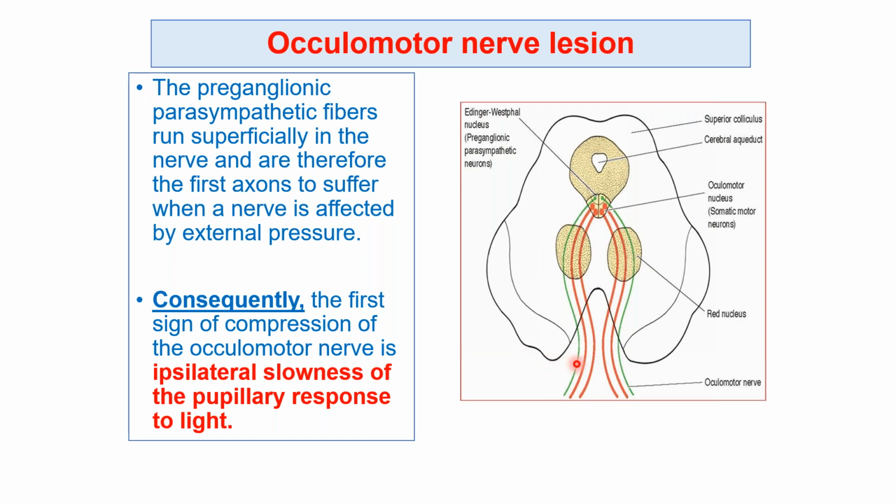Any damage to the oculomotor nerve, these fibers are the first to be hit. So the first sign of compression of the oculomotor nerve is slowing of the pupillary response to light. If there is an oculomotor nerve lesion, and you bring a light towards the eye of the affected individual, there will be slowing of the pupillary response. That means the constriction of the pupil will be slowed.